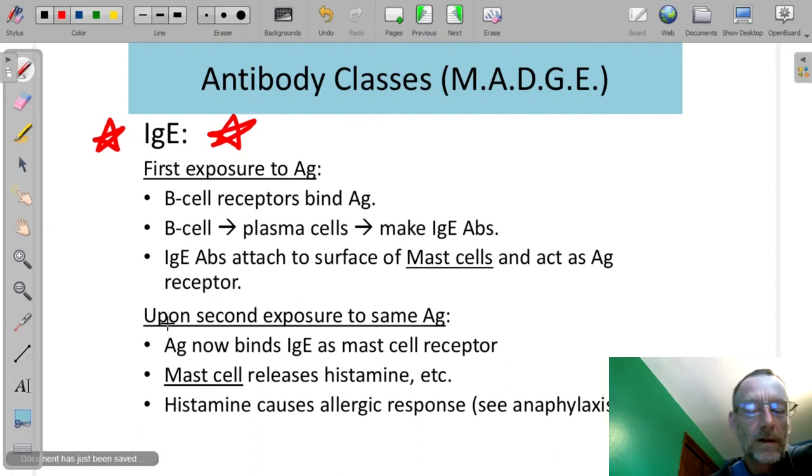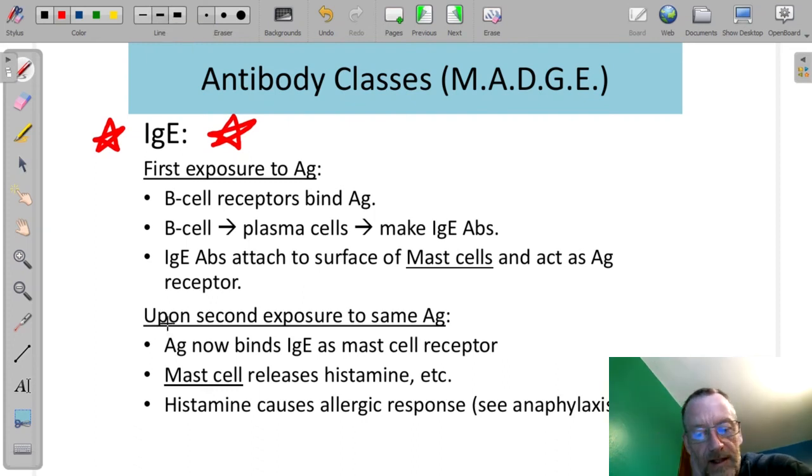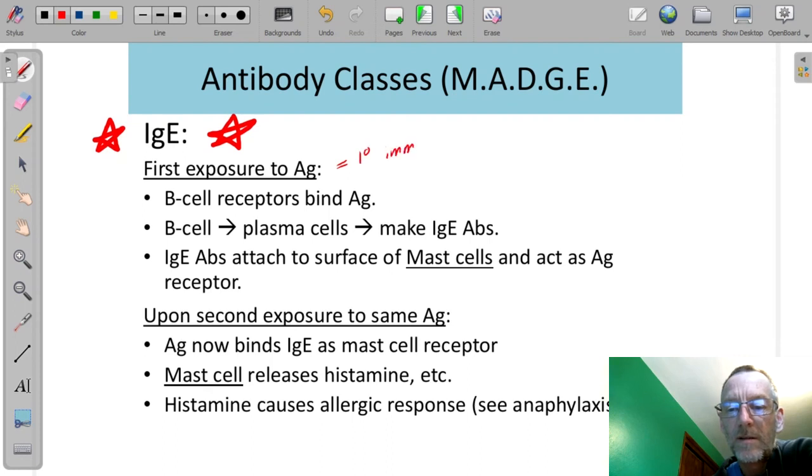So this is our lead up to anaphylaxis. So here's our immune response. So first exposure to the antigen. This equals our primary immune response. First exposure.